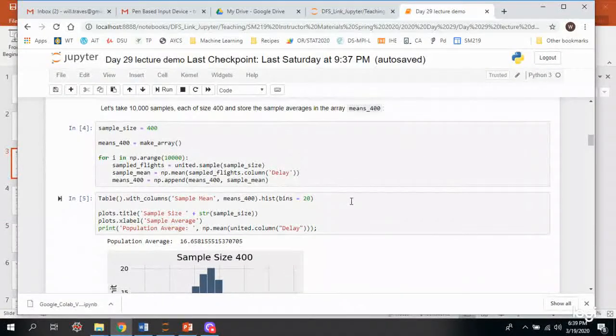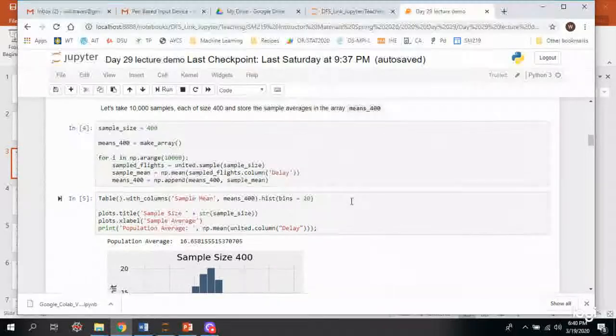But of course, if I took a different sample of size 400, I might get a different value for my estimate. So it would be helpful for us to take many, many samples and try to understand how these sample averages vary.